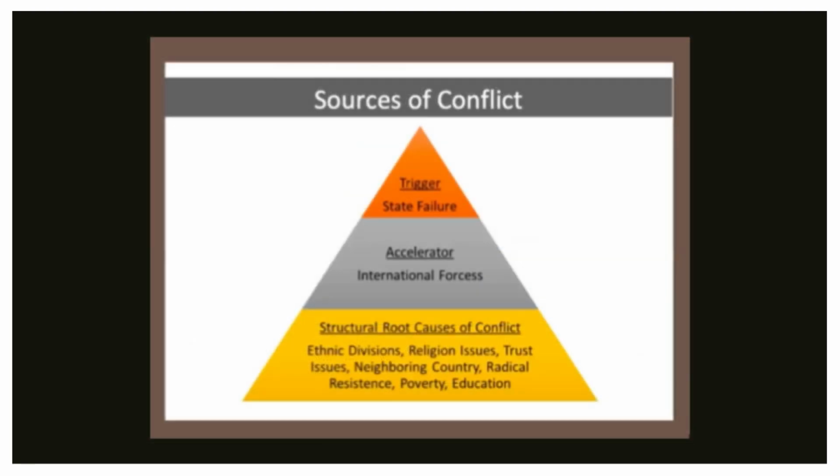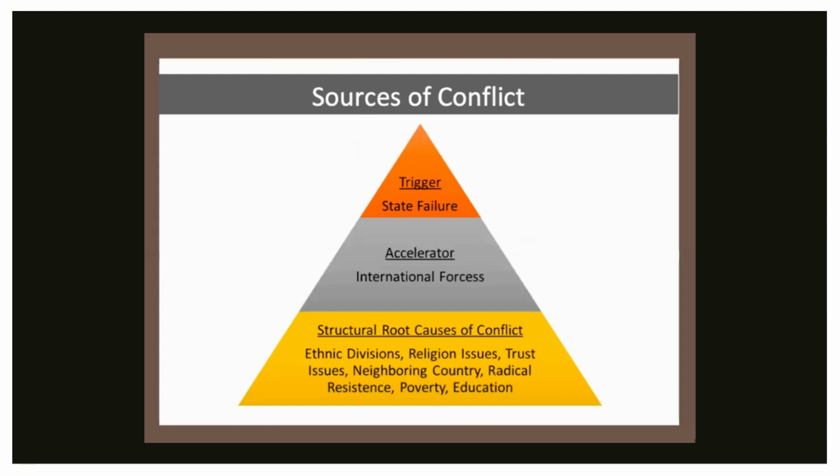The second tool is the source of conflict. In the dynamic framework, we divide the source of conflict into three kinds of layers. There is the structural, which is the root causes, and the accelerator.